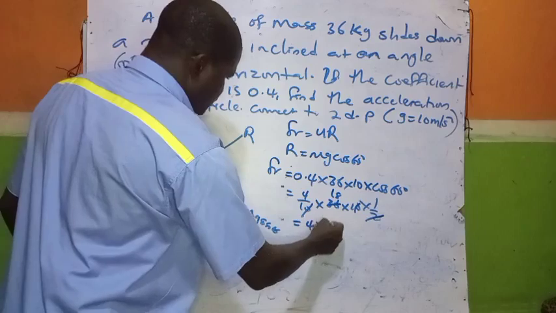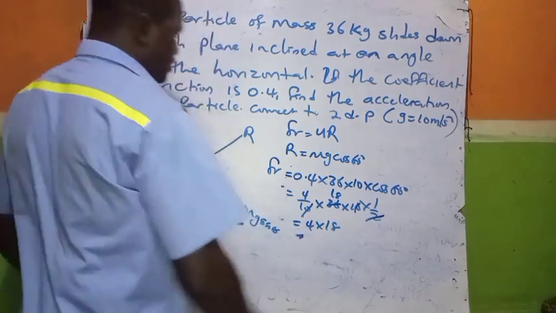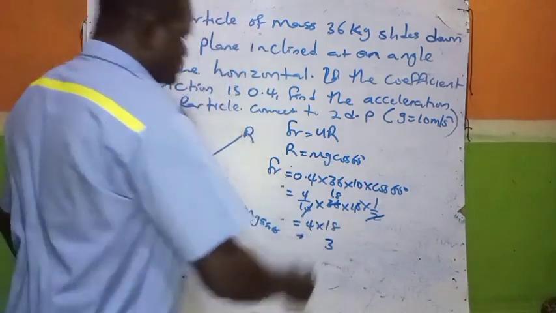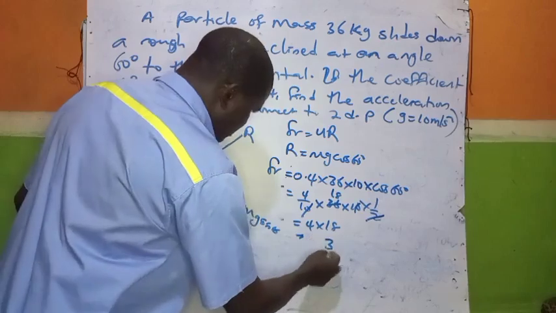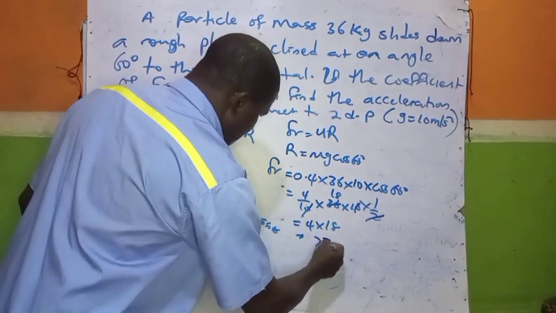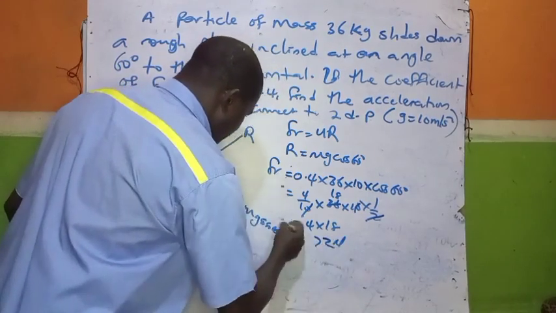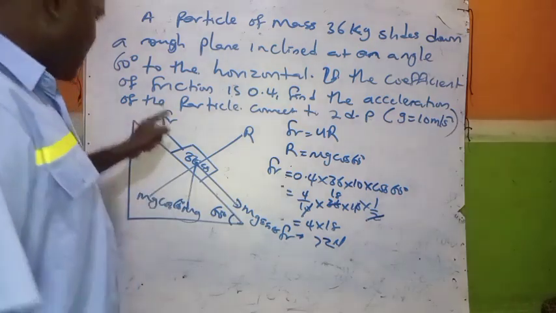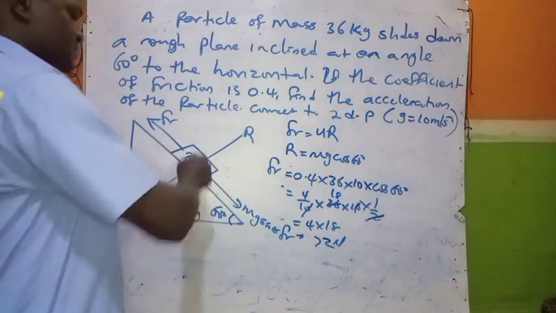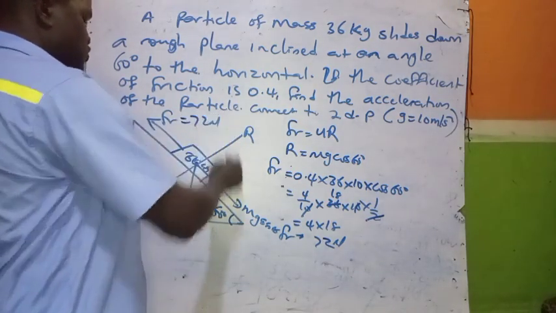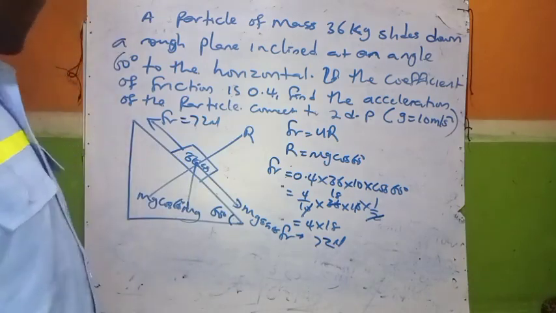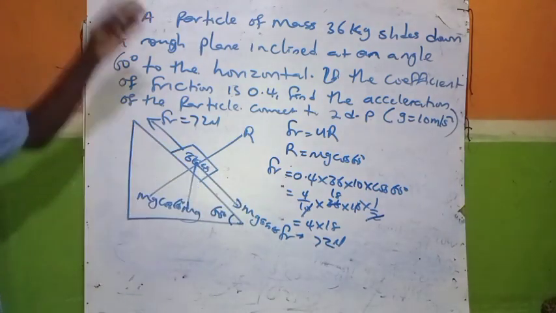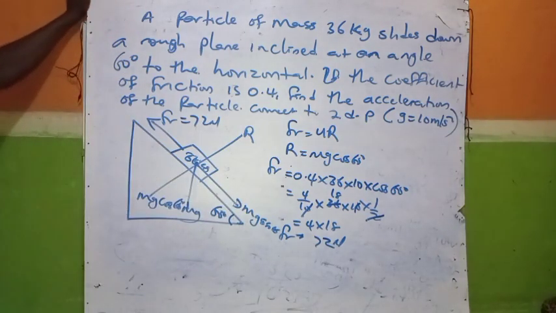Then 4 multiplied by 18 is 72 Newton. So the frictional force here is 72 Newton.